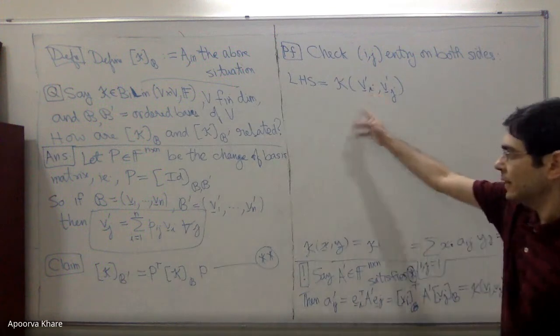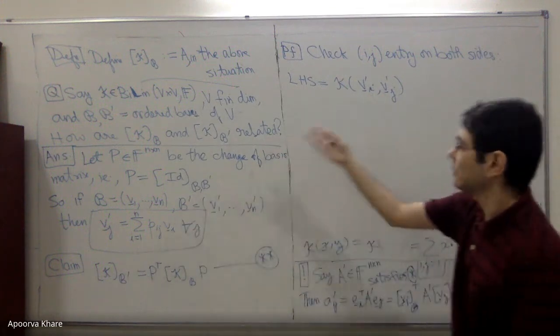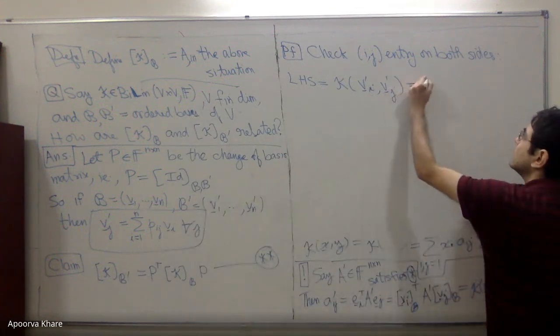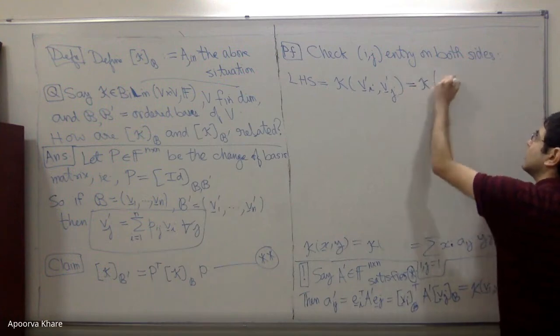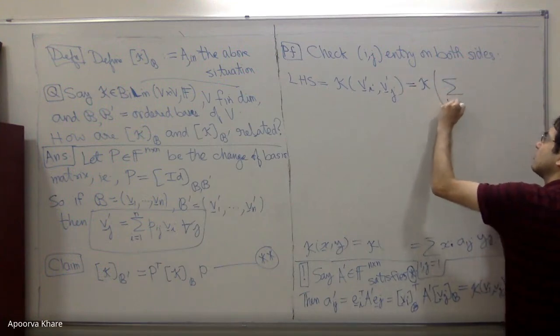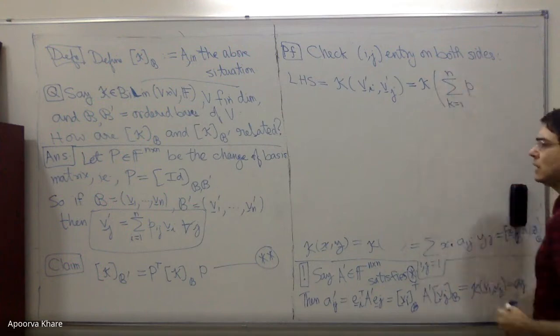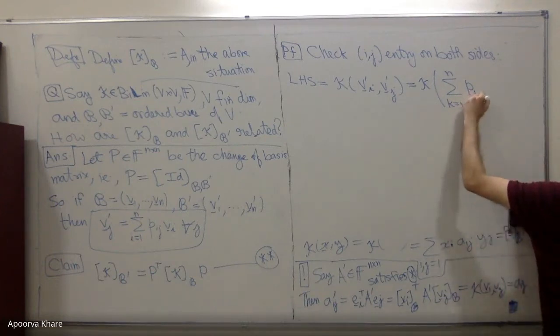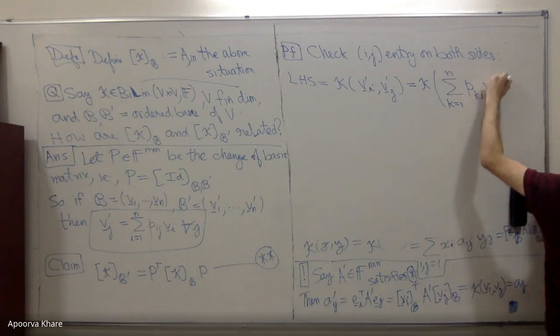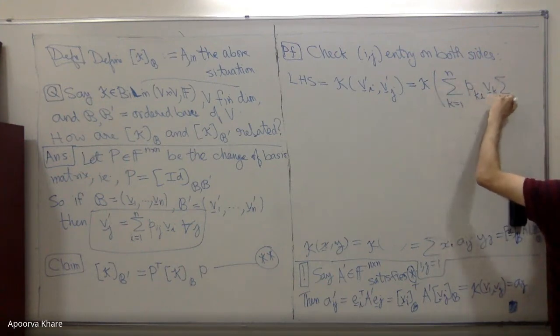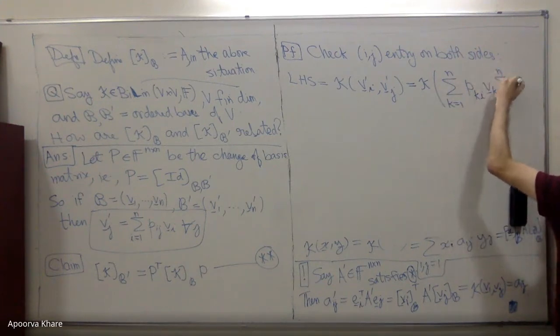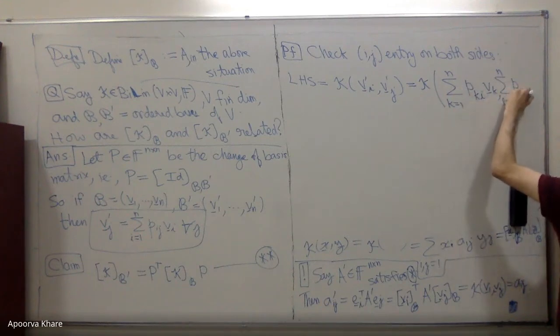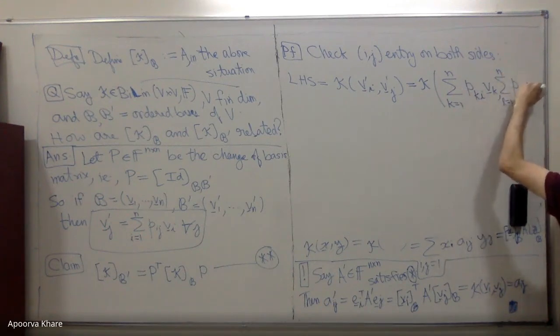Now let me expand each of these using this. I'll create some dummy variables. So kappa of, let's say, the summation k from 1 to n, P_ki v_k, and then the summation l goes from 1 to n, P_lj v_l.